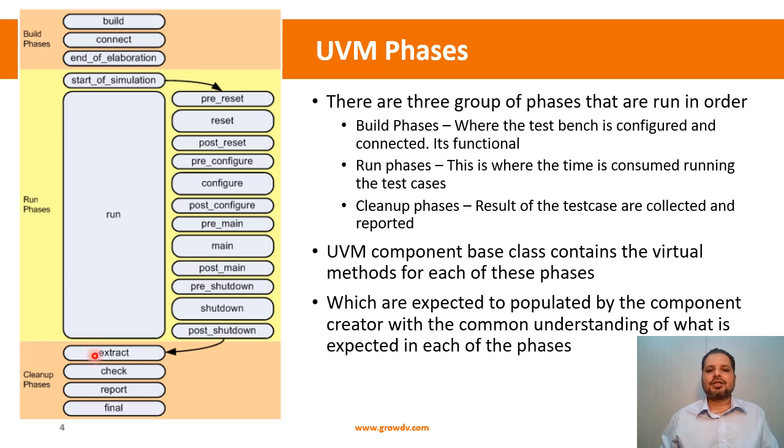After finishing the run phase it goes through the cleanup phases, which are made up of extract, check, report, and final. Note that it's not mandatory to populate all the phases in all the components. Whatever is relevant for that particular component can be implemented, and whatever you implement gets executed in this order. This is what you need to really understand.